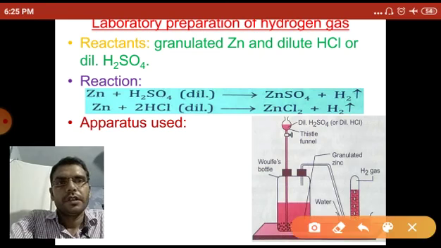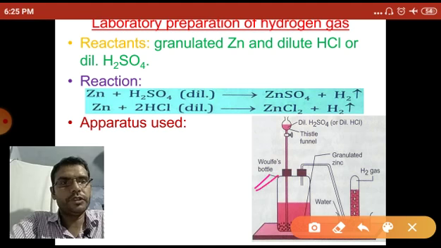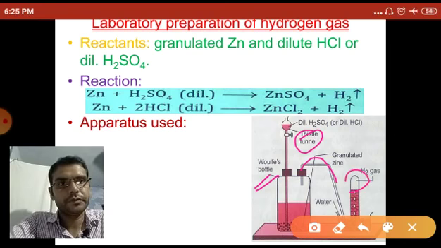So the apparatus required is one Wolfe bottle which has two mouths, a thistle funnel, one delivery tube and one inverted gas jar. That delivery tube connects the Wolfe bottle to the inverted gas jar.